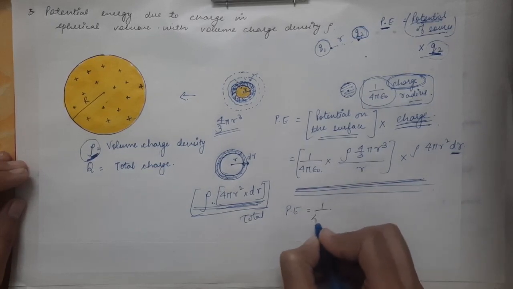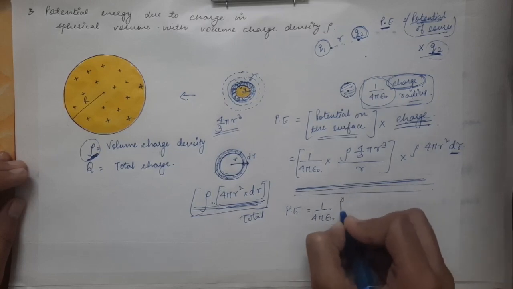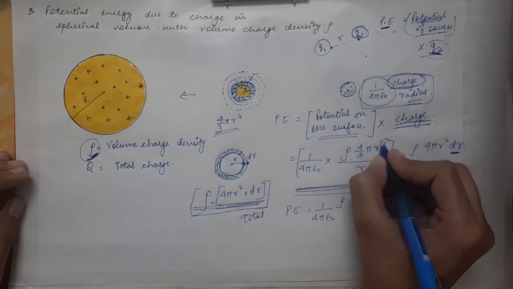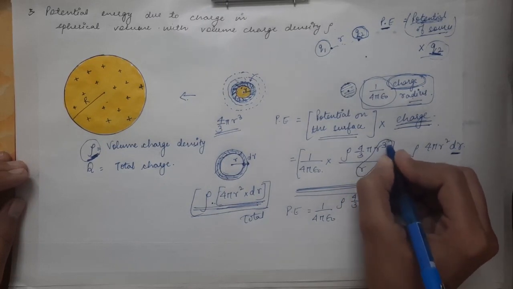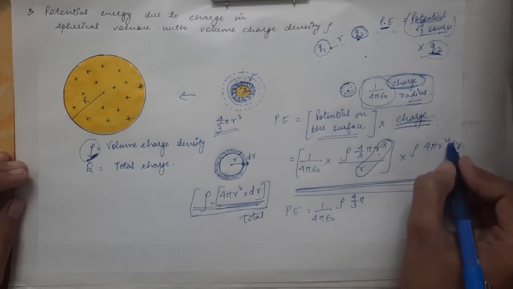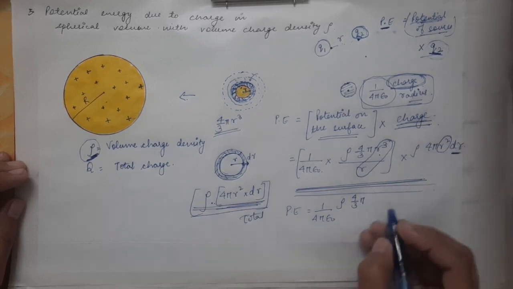So what you will get is 1 by 4 pi epsilon naught, rho into 4 by 3 pi, and this will remain inside the integral because r is the variable, and this will also remain inside the integral.